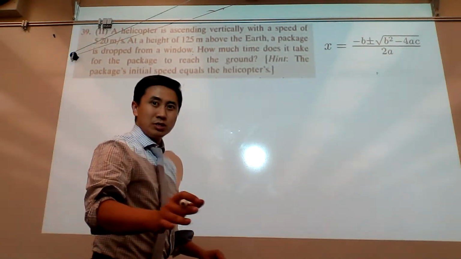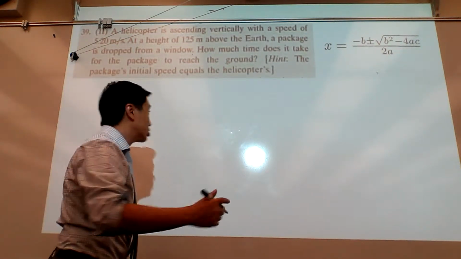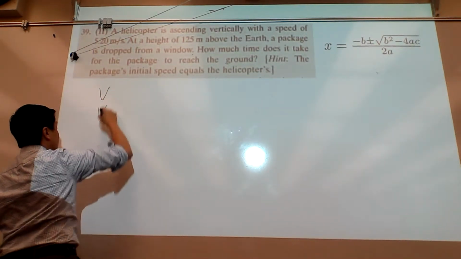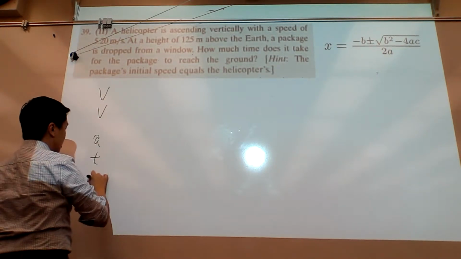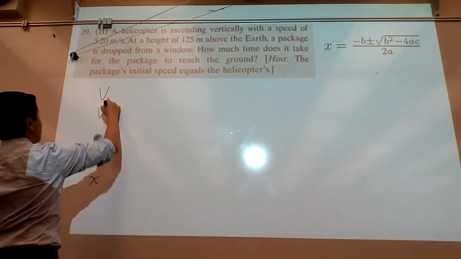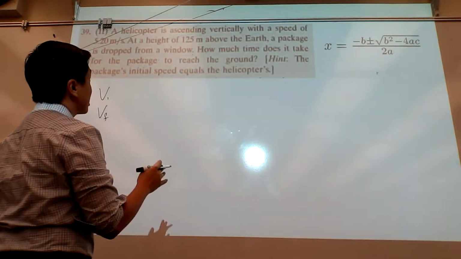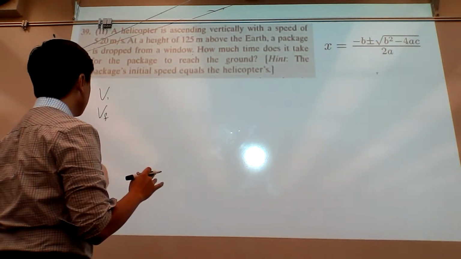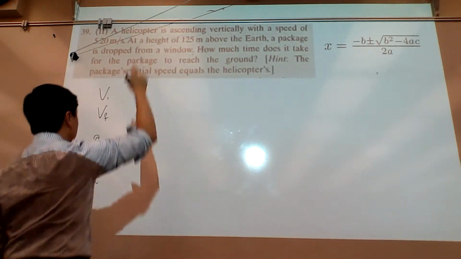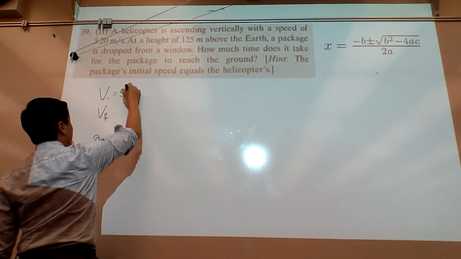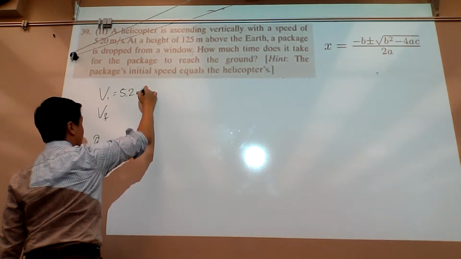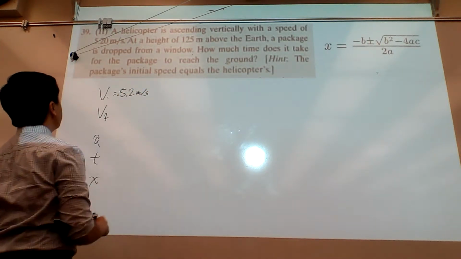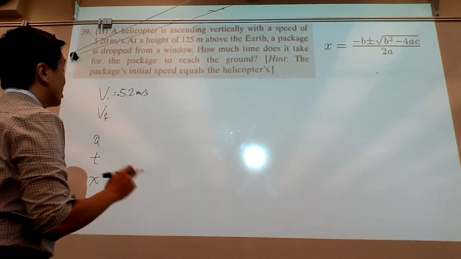Let's do the easy stuff first, the stuff you're used to: initial V, final V, A, T, X. A helicopter is ascending vertically with a speed of 5.2 meters per second. That's our initial velocity. It's moving up, so let's make it positive, at a height of 125 meters above the Earth.